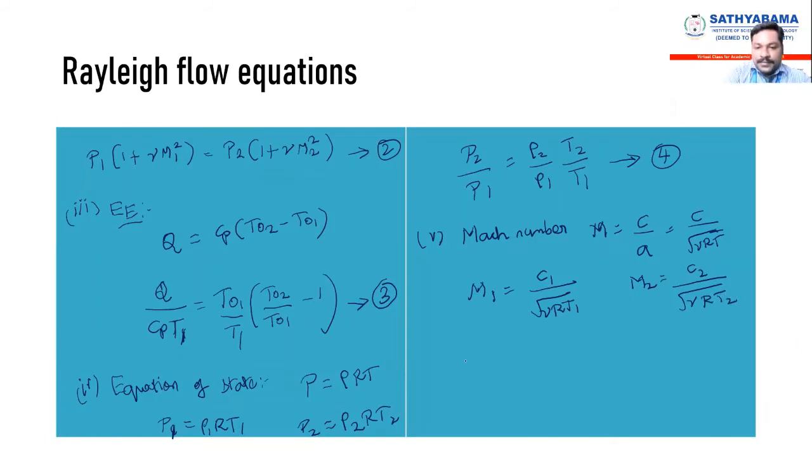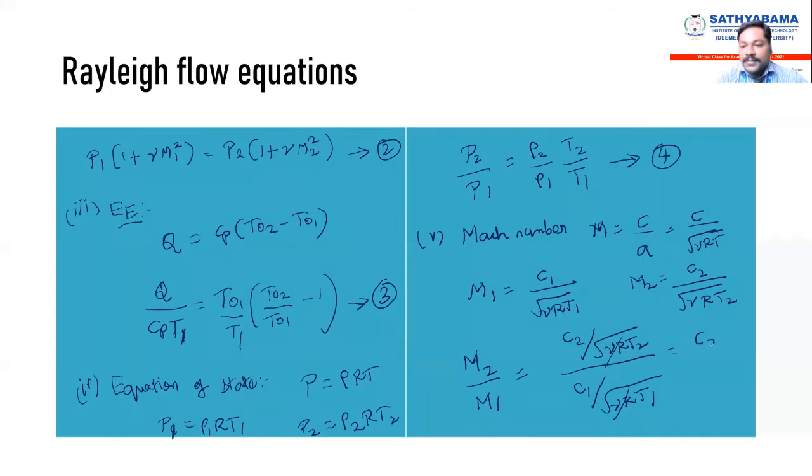And then let me write this expression as M2 by M1. So M2 divided by M1 is C2 by root of gamma R T2, divided by C1 by root of gamma R T1, right? So this gamma R is getting cancelled. Only T2 and T1 are there, and the denominator and numerator, the function changes.